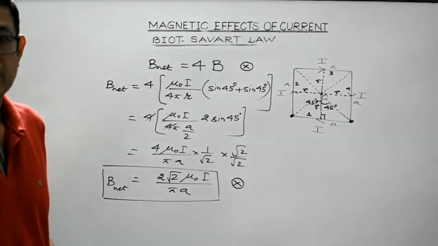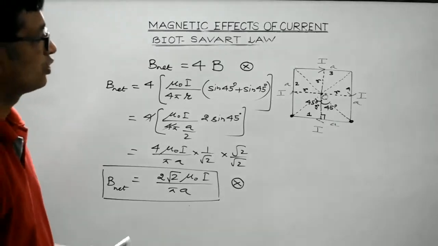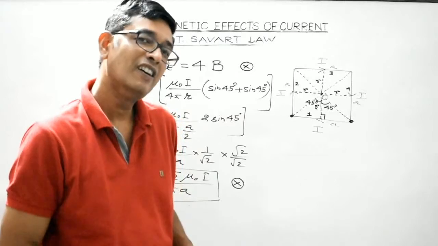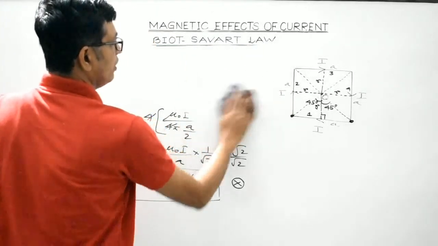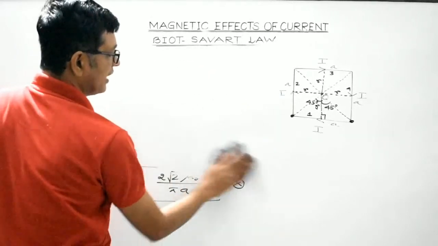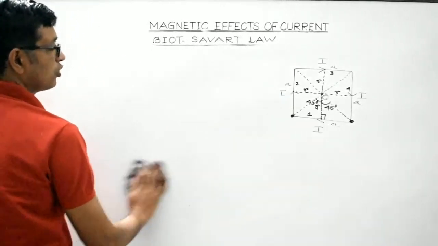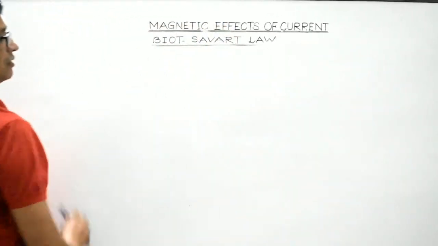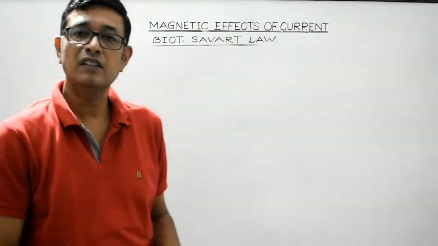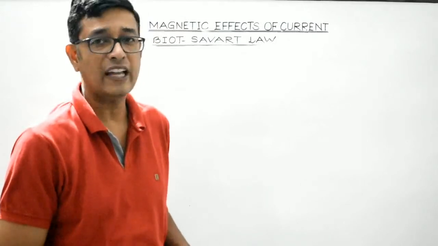Let's try another one. Instead of considering this square loop, we can consider a triangular loop, right? So let's try that. The second question which we are trying to attempt is similar to the previous one; simply, a square loop will be replaced by a triangular loop.